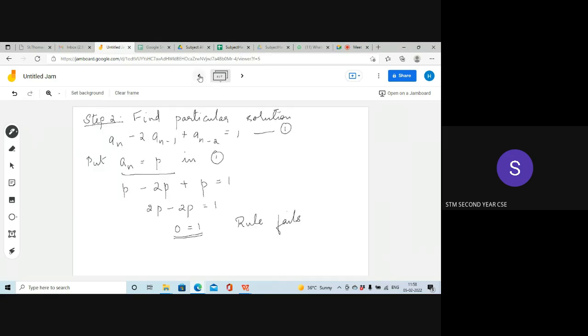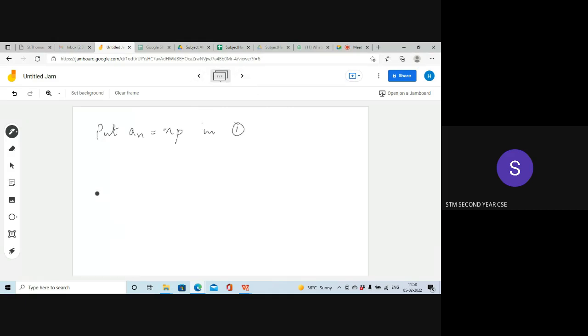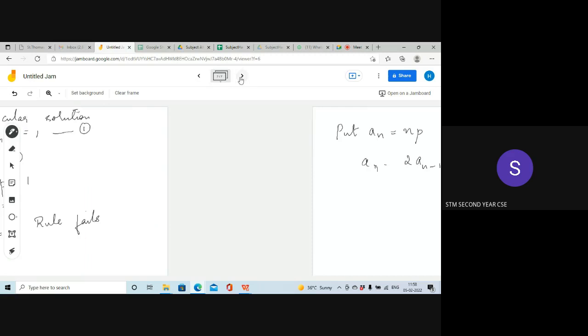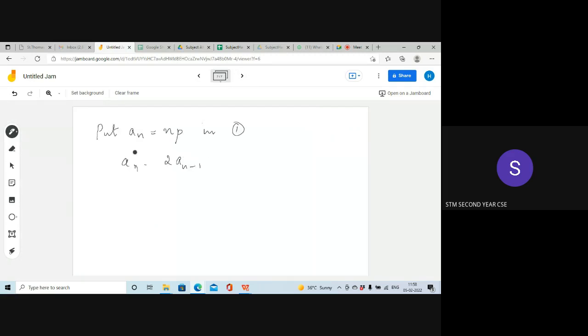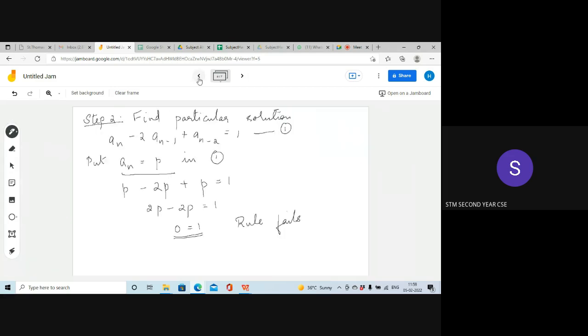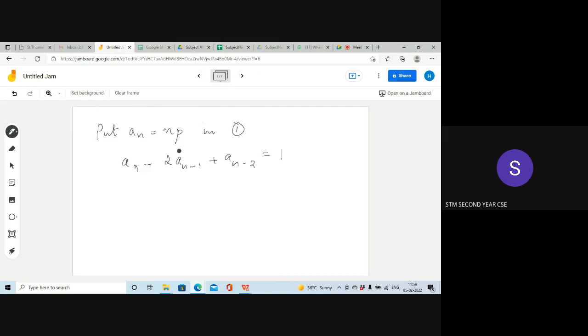Now what is equation 1? a_n minus 2a_(n-1) plus a_(n-2) is equal to 1. So in this equation, instead of a_n, I am going to put np.